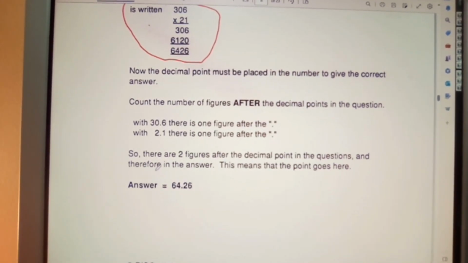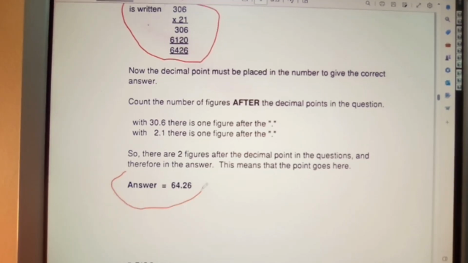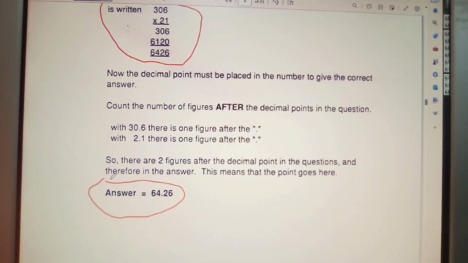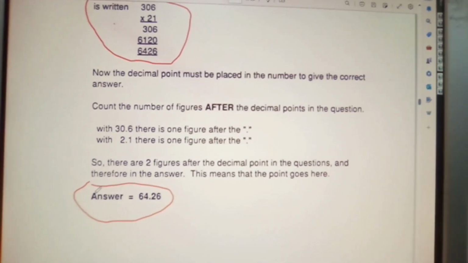So the answer is here. Okay. Now I don't need to read this out to you because you can read this for yourself now. Okay. I made it big enough to be seen and to be read.